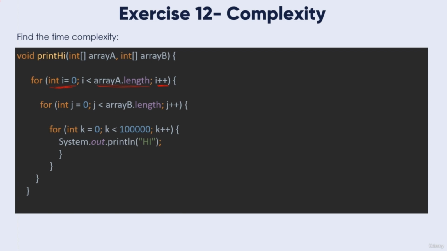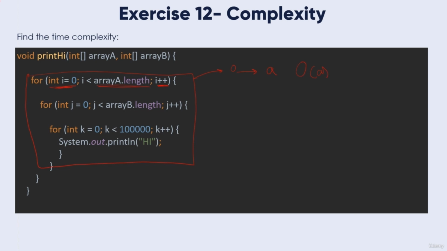It is i++, so we are going to go through all the elements from 0 to array A length. So the first loop, the outer loop, will go through all elements from 0 to A. I denote A by the array A length, okay? And we are going to go through all the elements, so it is O of A.